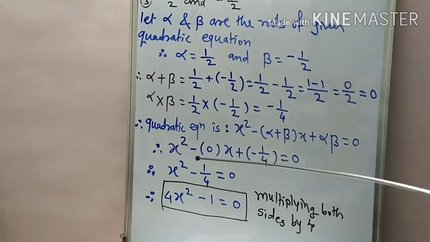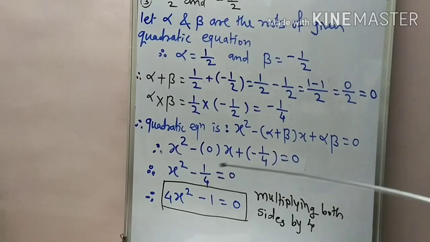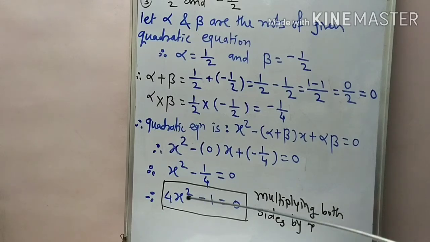As you know, 0 into any term, answer is 0, so first term x square as it is, and plus minus 1 upon 4, we write as a constant only, equal to 0. To eliminate this 4, we multiply both sides by 4, so that equation is 4x square minus 1 equal to 0. Okay, so like this we simplify and find the quadratic equation.